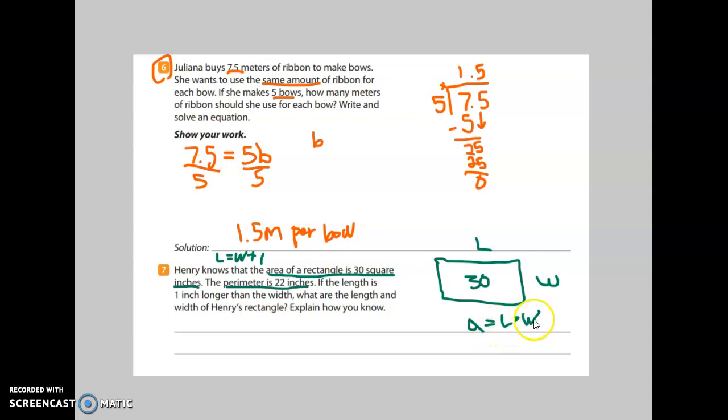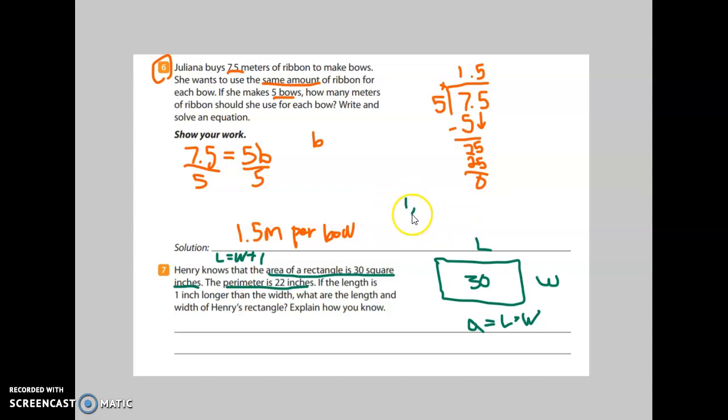So what times what equals 30? 10 times 3, but 3 plus 1 is 4, so this can't be right. So my first step would be to write out all the factors of 30.